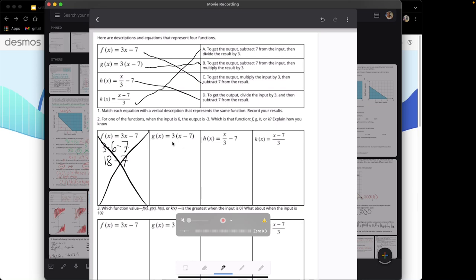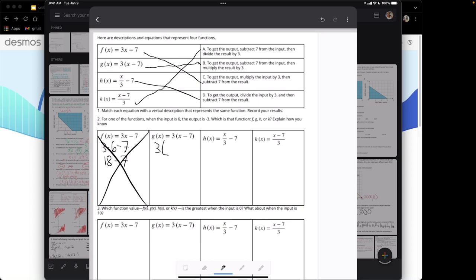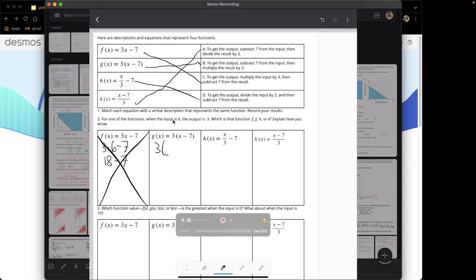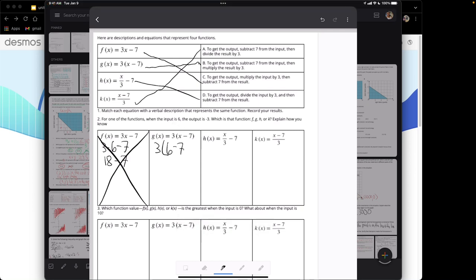Let's look at G. So G is 3 parentheses x minus 7. And again, our input is 6. So this is going to be 3 parentheses 6 minus 7. Okay. So let's see. 6 minus 7 is negative 1. So this is really 3 times negative 1, which is negative 3.